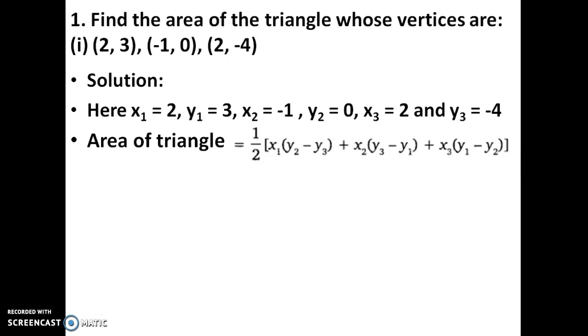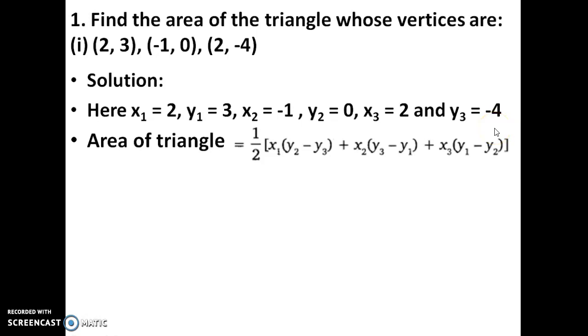So that is going to be our x1 and y1. Then (-1, 0) we are taking as x2, y2. Then x3 and y3 are 2 and -4.